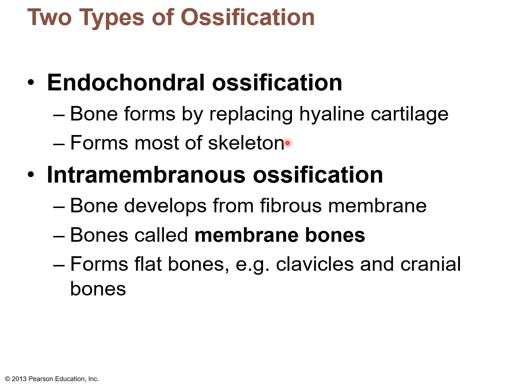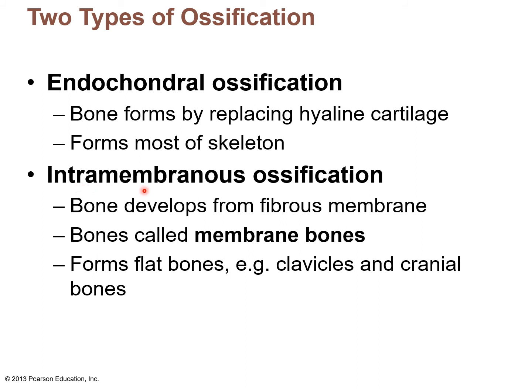Most of our skeletal bones go through that process of endochondral ossification. Now, when it comes to making our clavicles, which are basically your collarbones, and your cranial bones, which are the bones of your skull, they go through a process known as the intramembranous ossification. Intra meaning within.